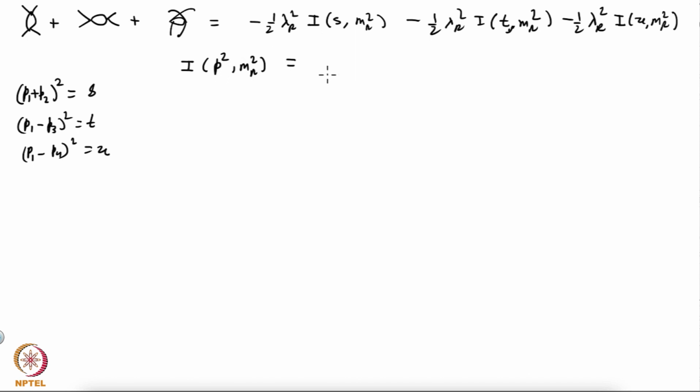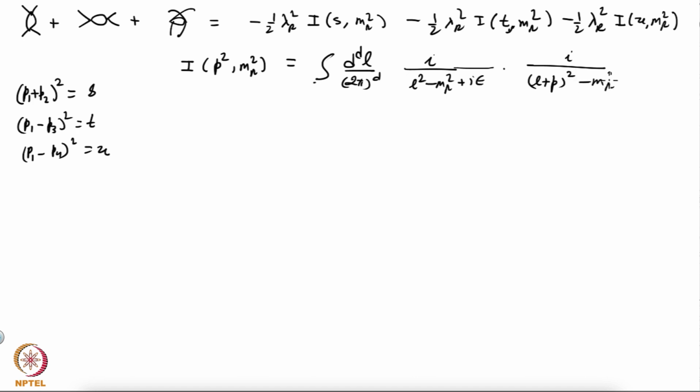So this is d^dL over (2π)^d. I'm just writing P now. Now introduce Feynman parameters so that we can combine these two integrands into one.